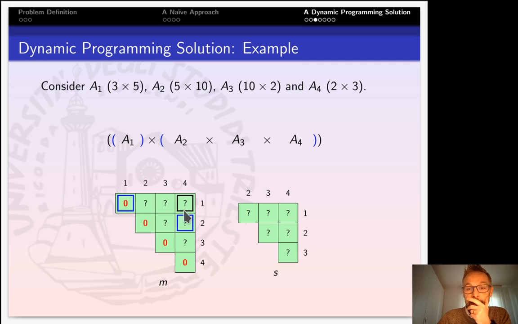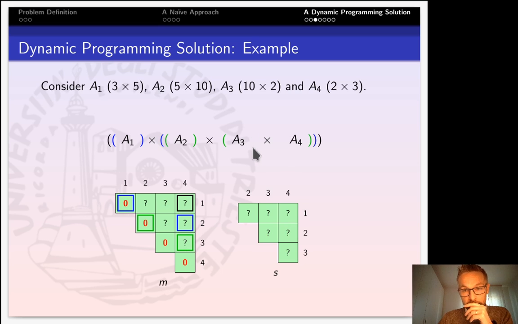Okay, now here we are dealing with this sub-problem, and this sub-problem can again be split into sub-problems. The first one in which we have a single matrix, and the second sub-problem dealing with two matrices. Okay, so this is the cell representing this sub-problem, and this is the cell representing this sub-problem.